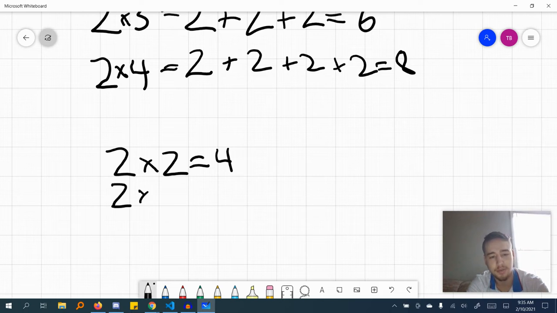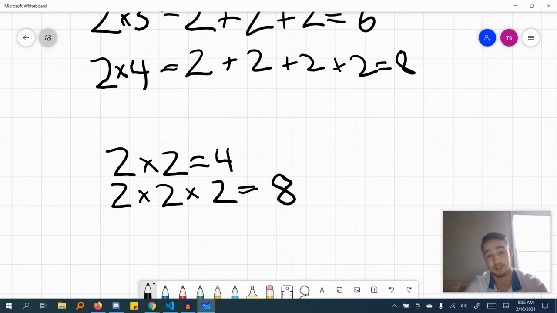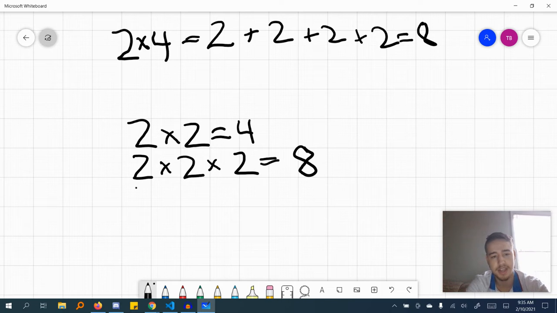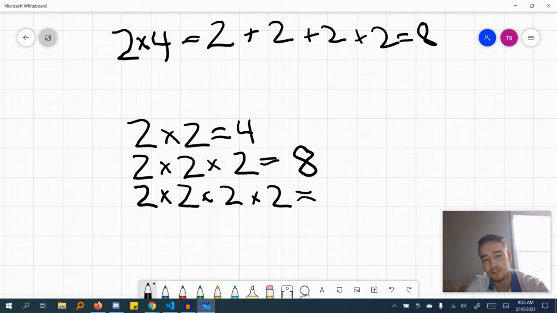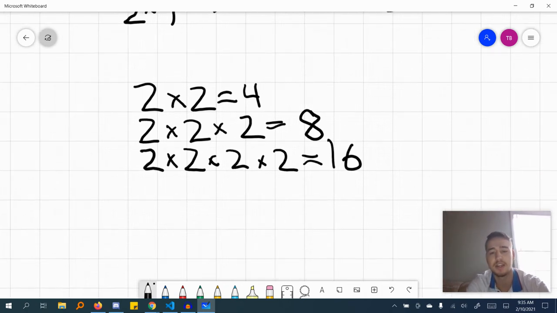Sure, we could do 2 times 4, but assuming that we don't exactly know what numbers we're working with, say something just doubles 3 times, we'd write 2 times 2 times 2 is 8. And in the same vein, if it doubles again, we'd write this equals 16, and so on and so forth.